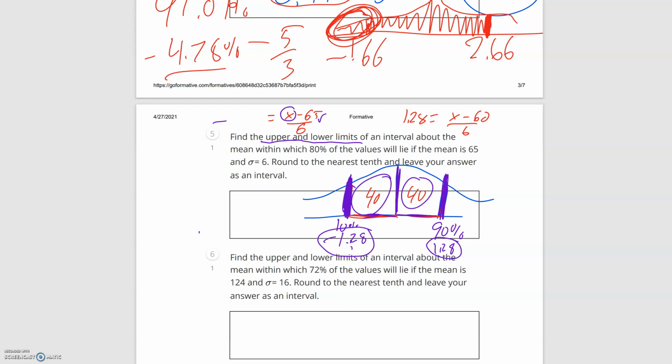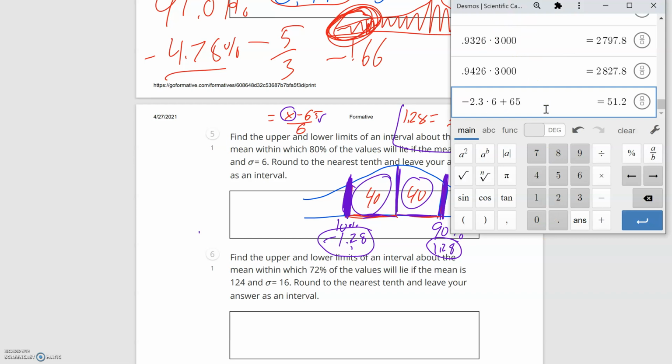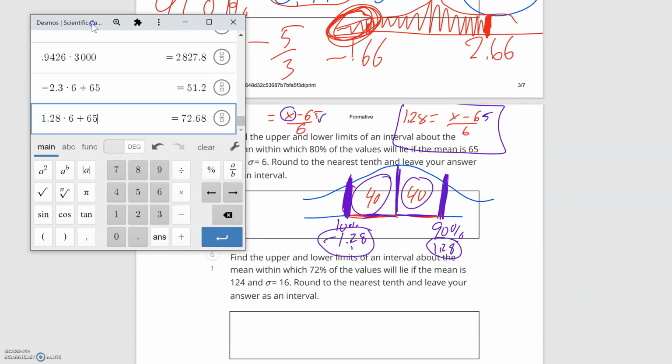Now all you have to do is set the z-score formula equal to 1.28, because you know what the mean is. They've given you 65, so let's put 65 in there. Your standard deviation is 6. So now 1.28 times 6, solving for the data value, plus 65, and you'll get a value of about 72.7, or 72.6.